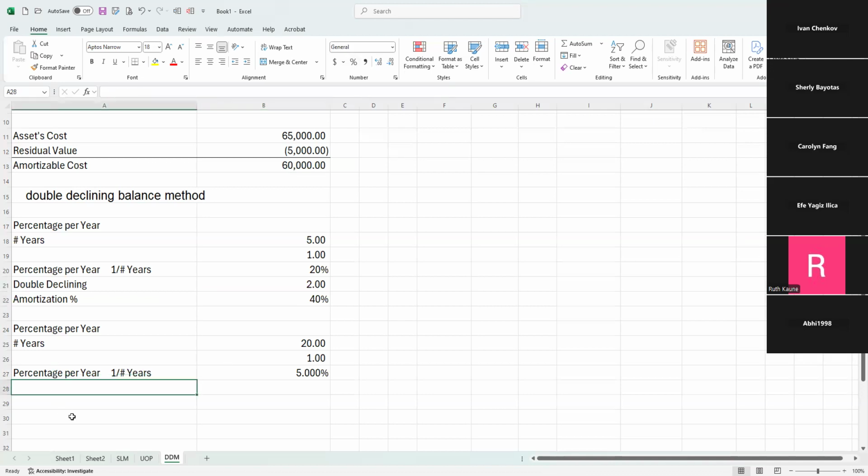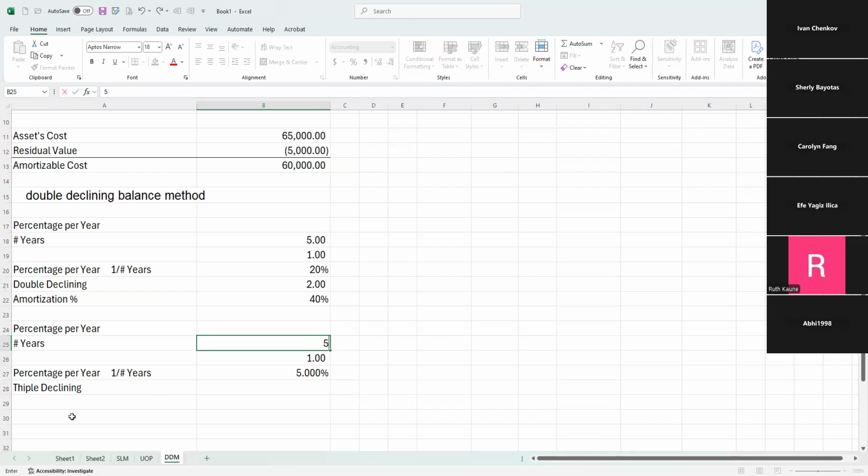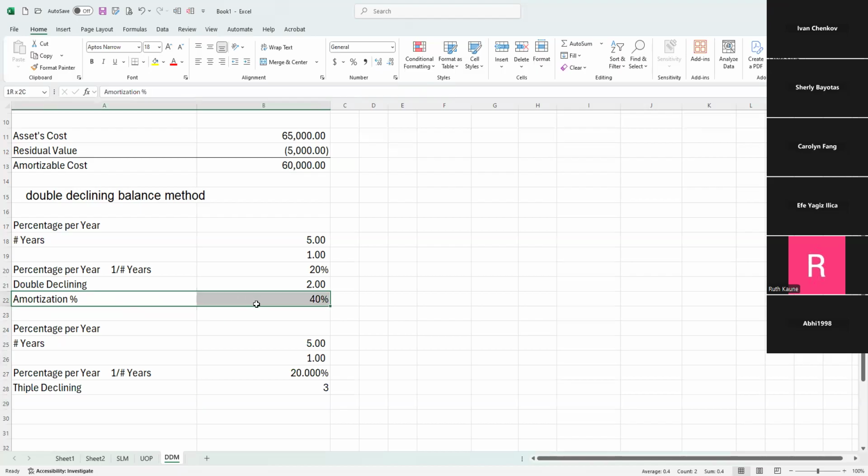Can I use triple declining? Let's stay with 5 years. Can I use triple declining? Who's gonna stop me? How much will be the amortization now per year? 60%.